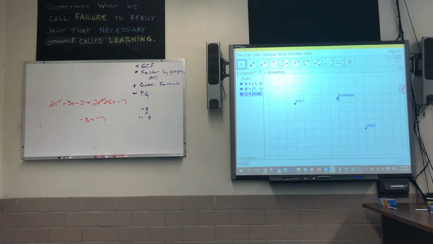So they don't have to travel. Population 1 doesn't have less distance to travel than population 2. Hopefully you realize that the most optimal spot would be the what of that segment right there.